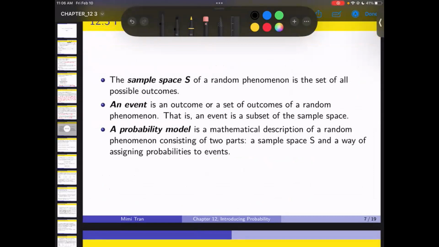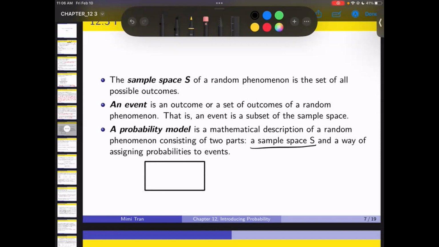A probability model is a mathematical description of random phenomena consisting of 2 parts: a sample space S and a way of assigning probability to events. So the sample space, visually, we denote in a rectangle.